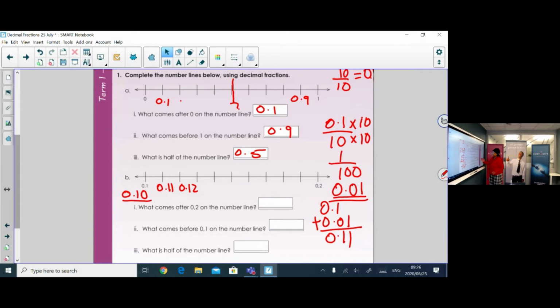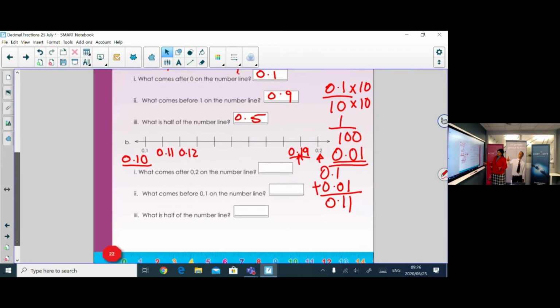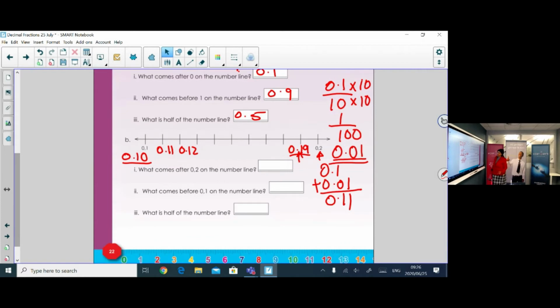We are like having decimal number 10, followed by 11, 12. You continue until here. If it's 20, that will give you a 19 before 20, but you still know that you must put a decimal number there, just to simplify my counting. Now I'm ready to answer the questions.